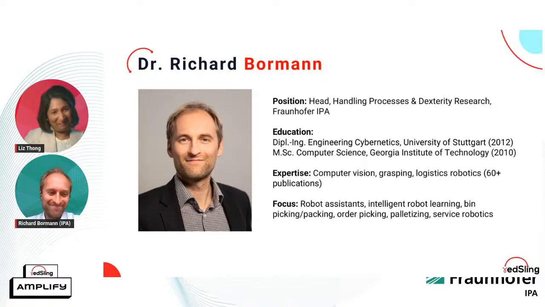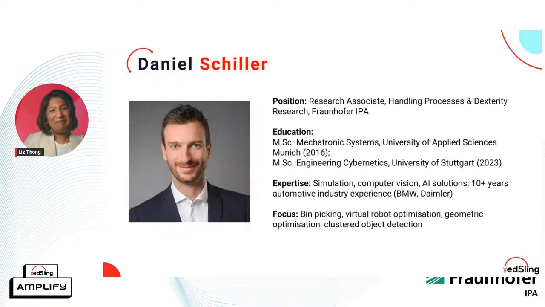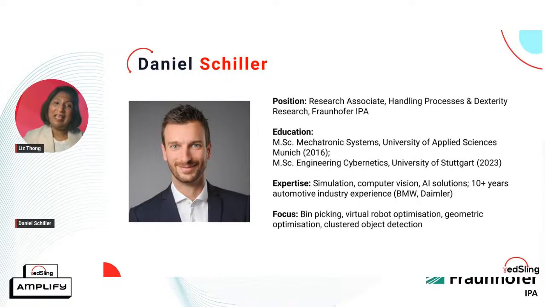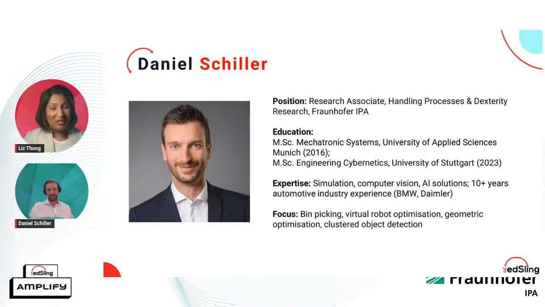And joining us today is also Daniel Schiller from Fraunhofer IPA. And Daniel is the research associate leading handling processes and dexterity at Fraunhofer IPA. And Daniel has got an MSc in mechatronic systems from the University of Applied Sciences in Munich. And he's also got an MSc in engineering cybernetics from the University of Stuttgart.